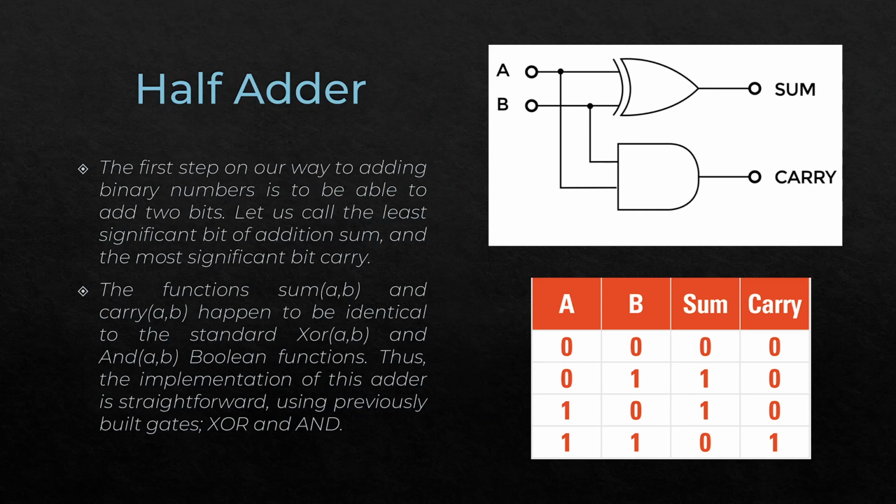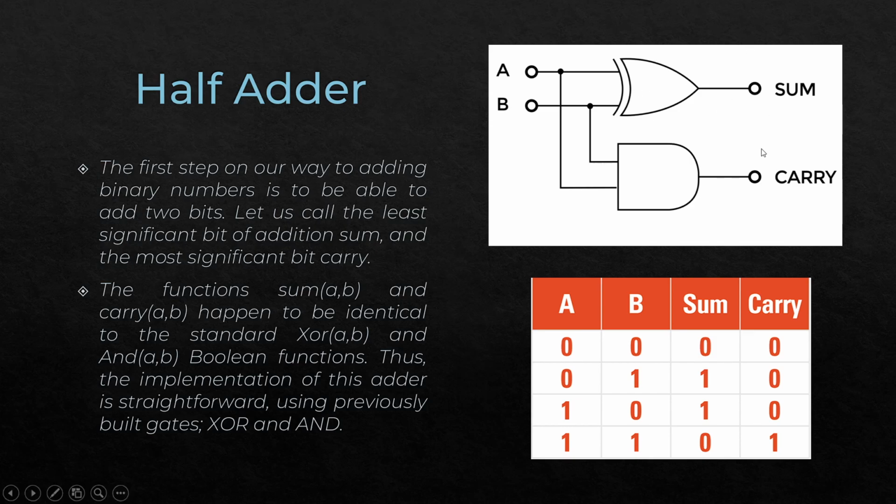The first step on our way to adding binary numbers is to be able to add two bits. Let us call the least significant bit of the addition sum and the most significant bit carry. The functions sum of A, B and carry of A, B happen to be identical to the standard XOR of A, B and the AND of A, B Boolean functions respectively. Thus the implementation of this adder is straightforward using previously built XOR and AND gates.